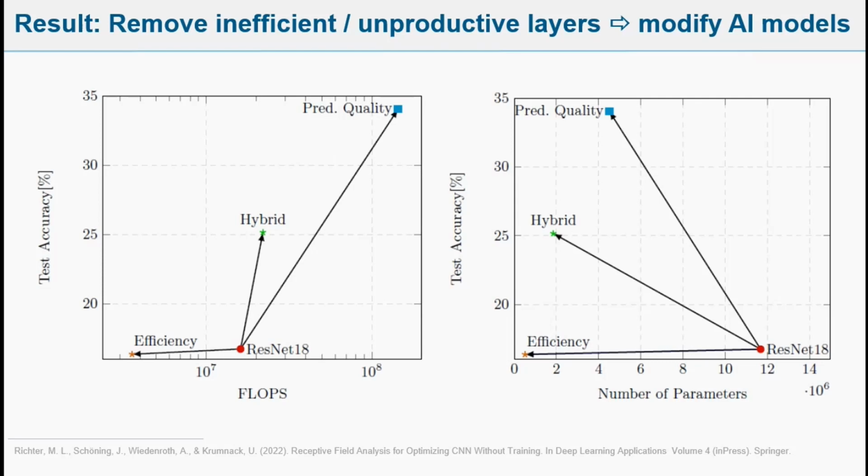By looking at the number of trainable parameters, by removing unproductive layers, we see that the amount of parameters went down. So the amount of parameters within the network that we needed to train went down. And if the amount of parameters we needed to train went down, the neural network can generalize better on each image.